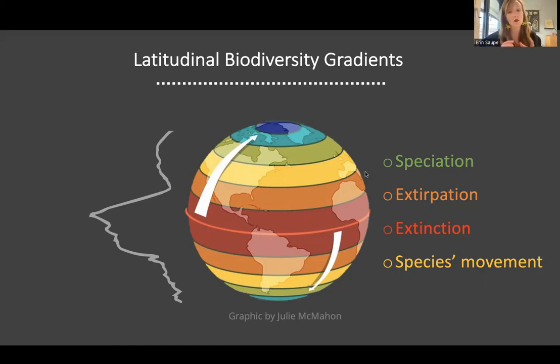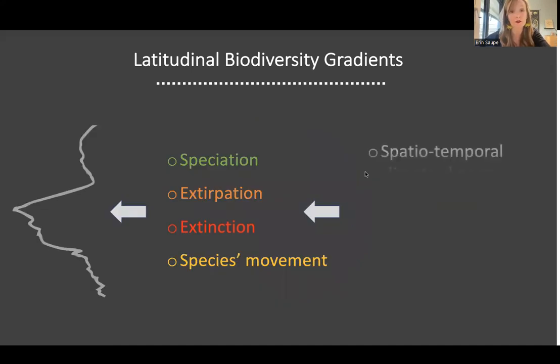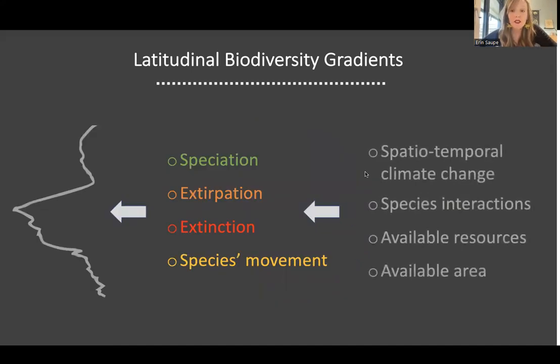And really, these four processes are the only way to generate differential numbers of species across space, so to have differential numbers of biodiversity across latitudes. And these processes themselves are thought to be controlled by a suite of abiotic and biotic factors. So things like spatiotemporal climate change, species interactions, and available area, so land area or shallow marine area if we're talking about the sea, and resources, so things like nutrients and necessary biotic components.